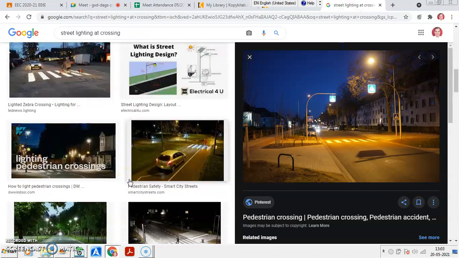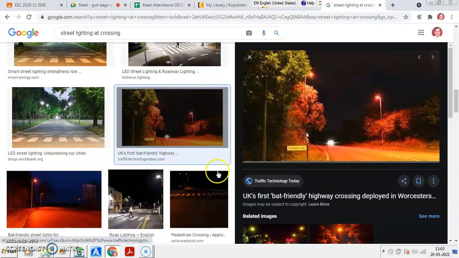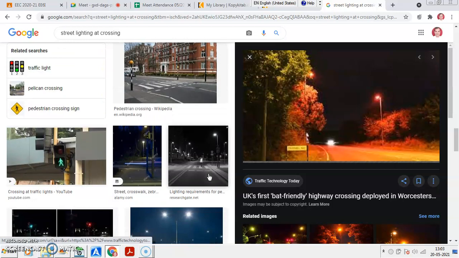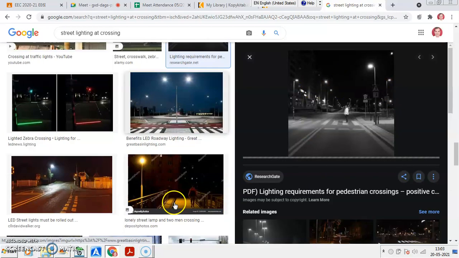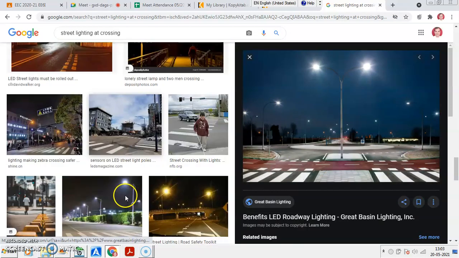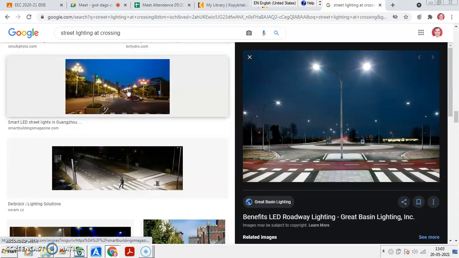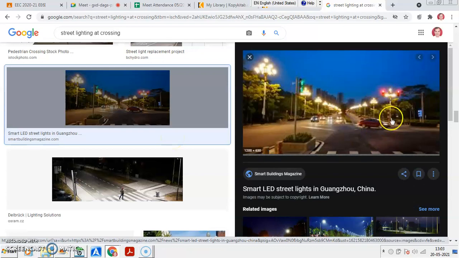So try to understand these things. You can have multiple examples. Smart LED.